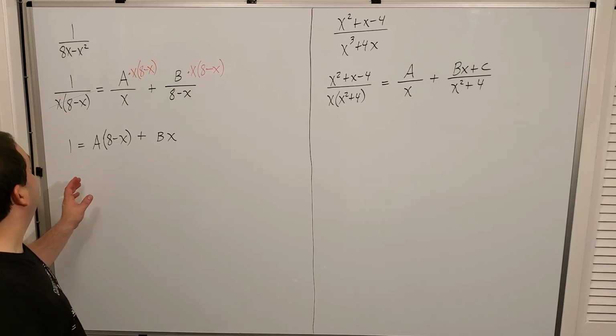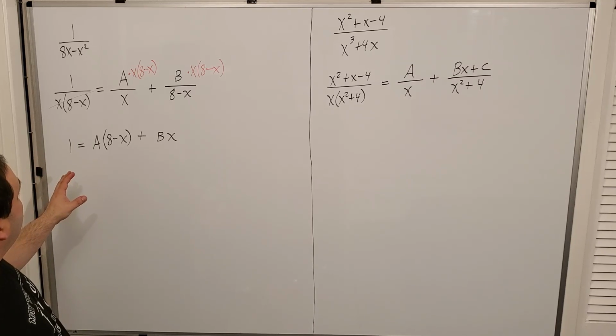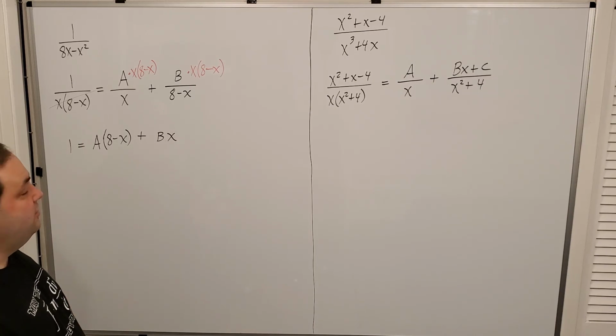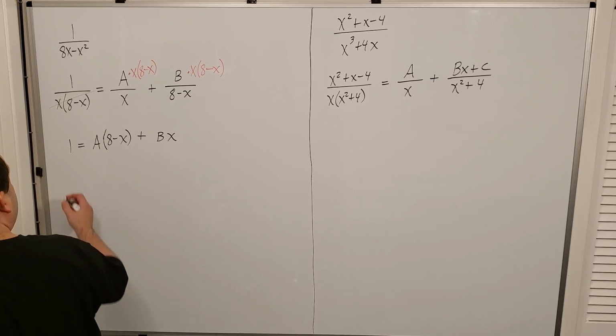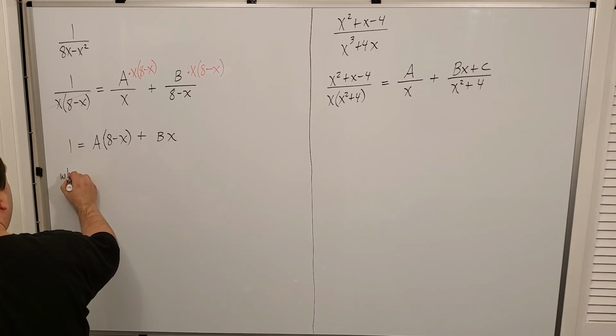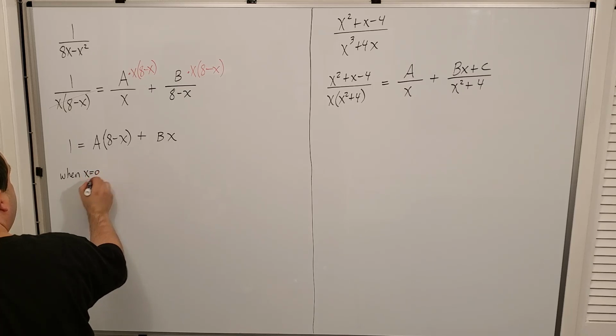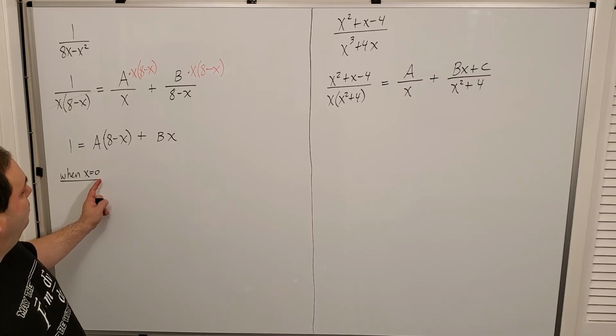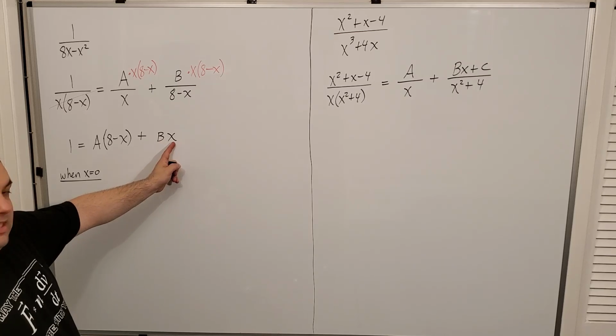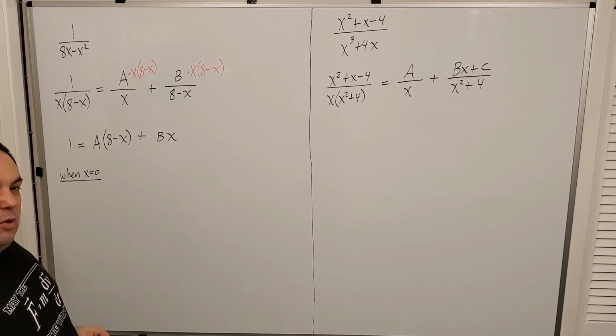All right, so now what I'm going to do is that temporary substitution that I was talking about. So right here, what happens when x equals 0? When x equals 0, right, b times 0 is 0. And I picked 0 on purpose, by the way. I didn't just randomly pick it.